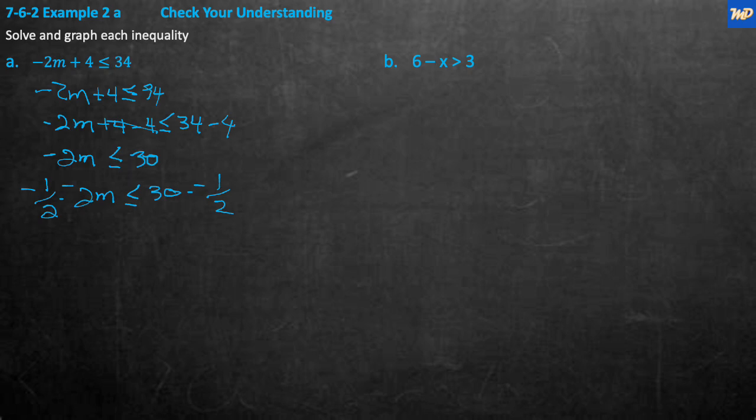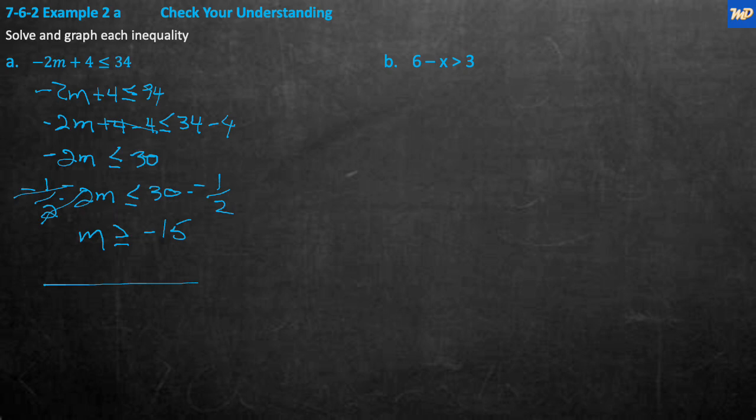Well, we just multiplied by a negative number, so when we resolve this, let's simplify it. The 2's cancel here, the negatives cancel. So we're left with a positive m is greater than or equal to 30 divided by a negative 2, which is minus 15.